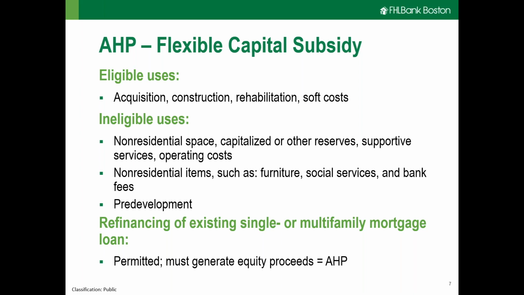Refinancing is permitted, but it's a little complicated based on our regulation. You've got to generate equity proceeds through the refi that equals at least the total amount of the AHP subsidy. So if you are refinancing existing debt and you want to use an AHP subsidized advance, we really want you to talk to us and think through that a little bit more.